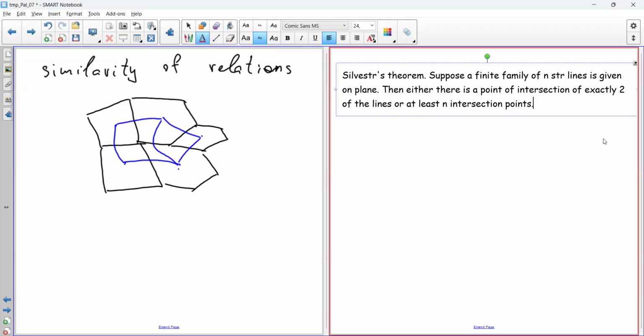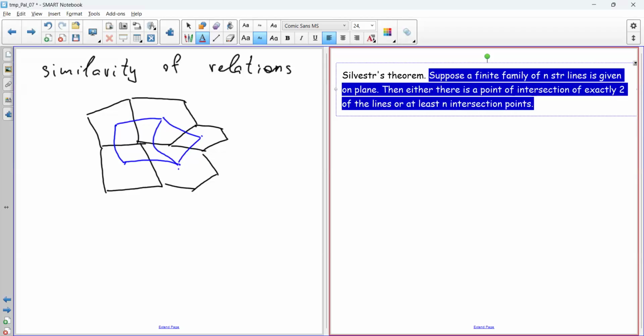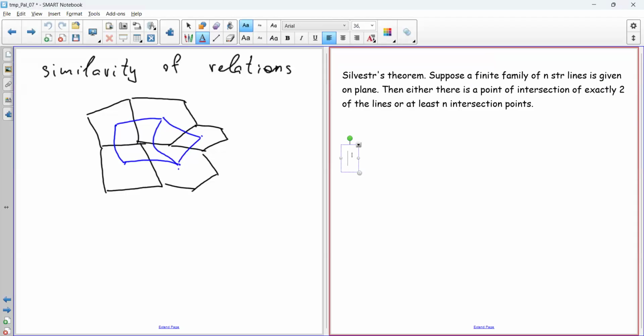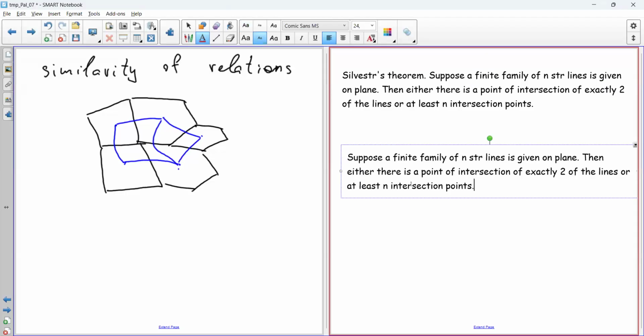No, the classical formulation would be slightly different. It's just a problem, which would be one of the problems, and I will double check the number n here. It was not quite clear what to do if several lines coincide.